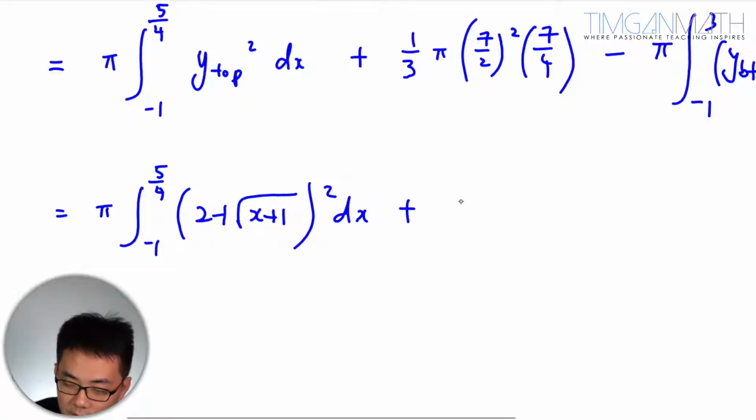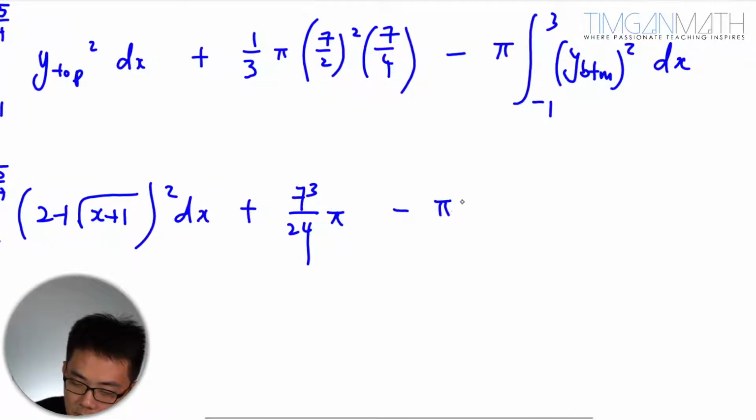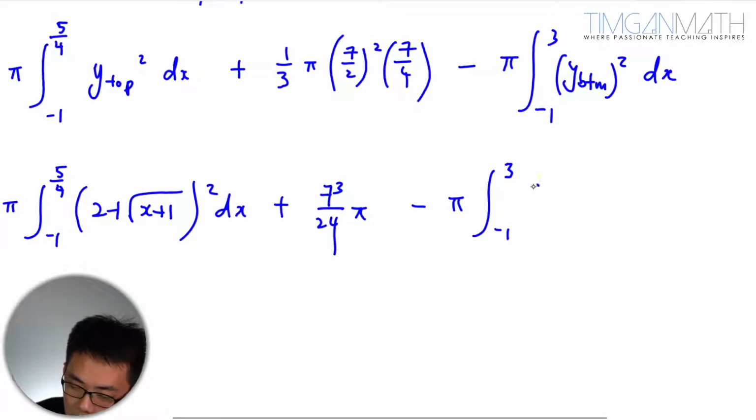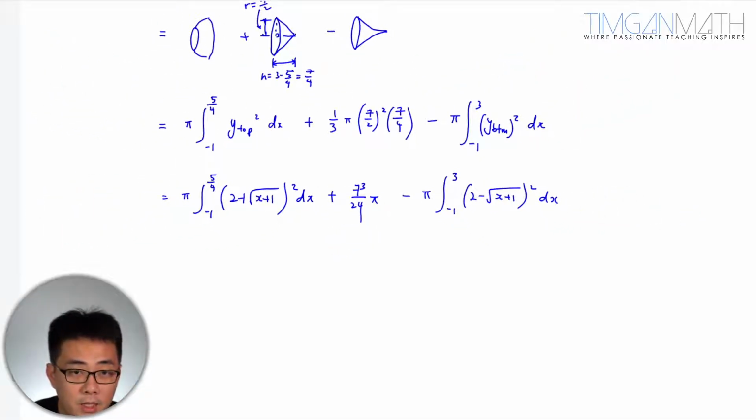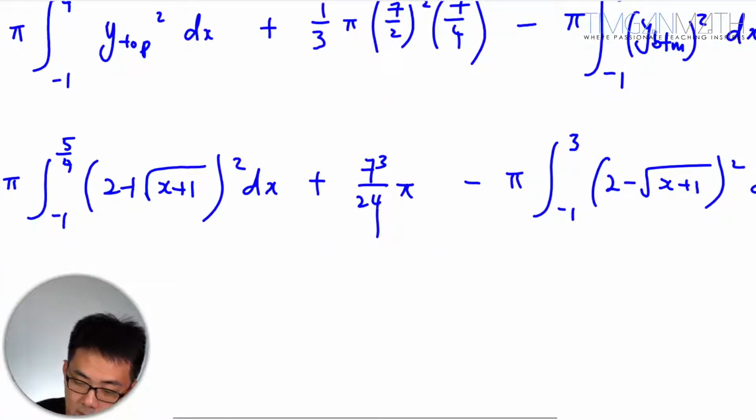Not sure what you get, but this is 7 cubed over 24 pi. Then minus pi, (2 minus root x plus 1) square dx. There you go. We're just going to key this into the calculator. Just remember, you can key this into our GC. Alright, I keyed this wrongly. This is 48.